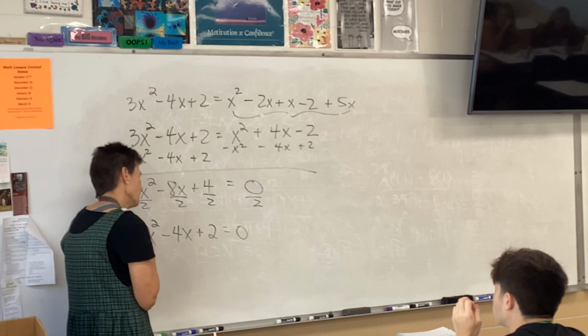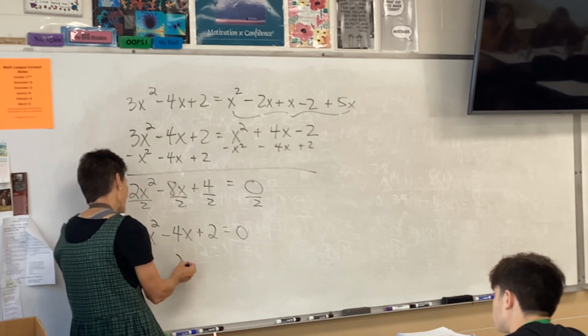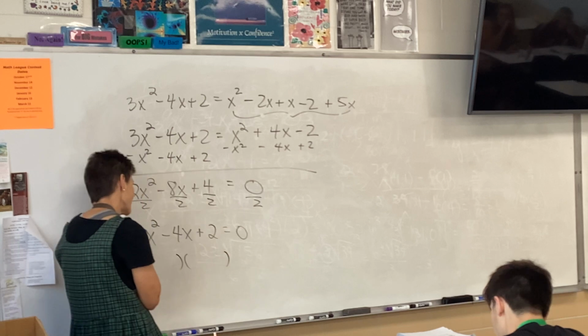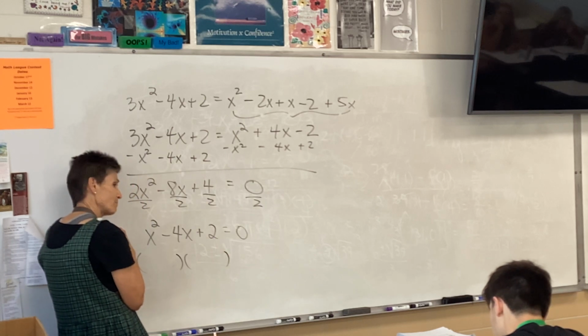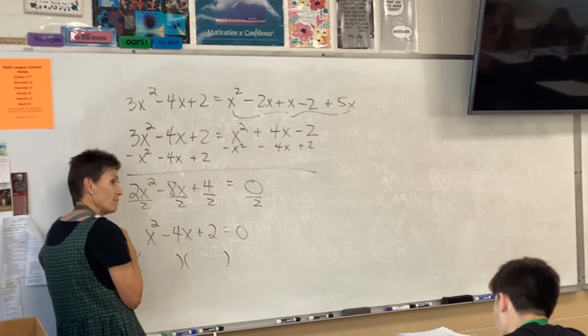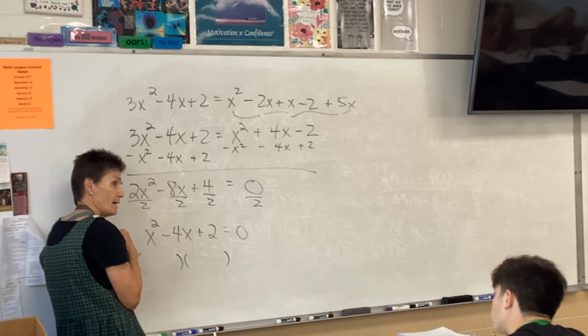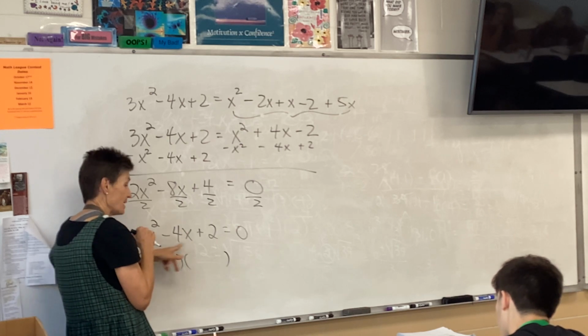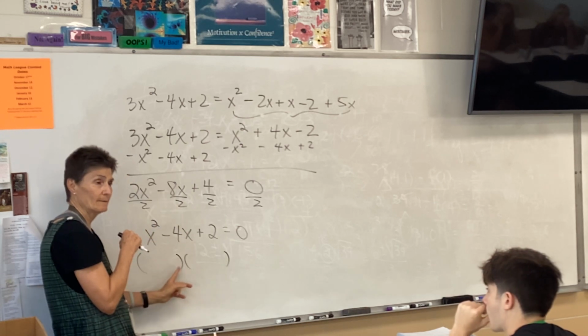Now, Tilly, I'm looking at this. I don't think this is going to work, is it? No, we switched to the quadratic. So we'll have to use our quadratic formula again. Does everybody see how this isn't going to factor?